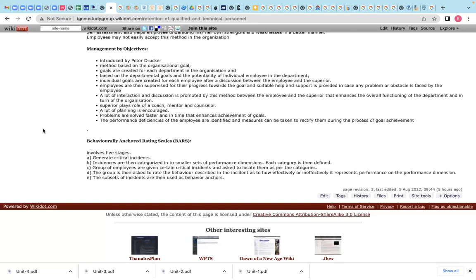This is based on that critical incident analysis, where you first ask employees to write down all their critical incidents. They write that these are the things that happened, this is how they behaved. Based on their description, you pick up points from there and categorize their behavior.